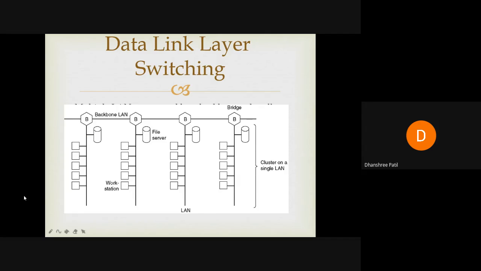How many workstations should be on a single LAN is managed by using this file server, so that a lot of load is not on a single LAN cable.